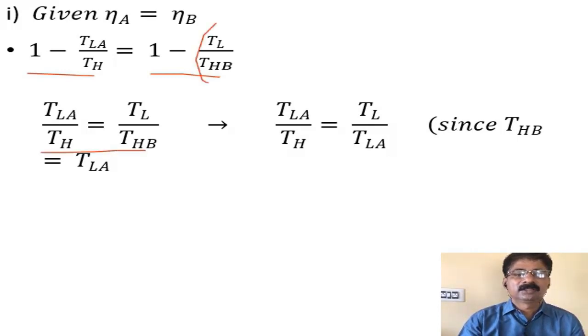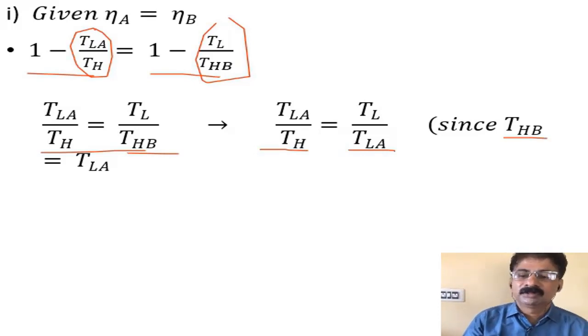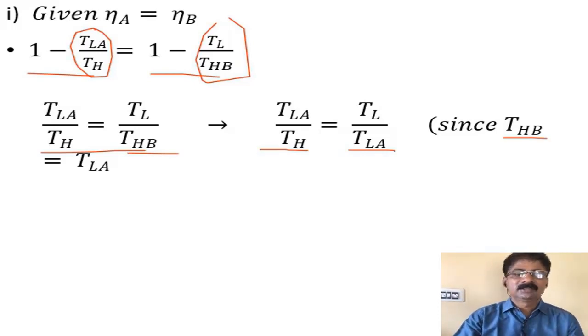So this quantity and this quantity directly you can equate. In place of THB it is written TLA, because THB, that means the temperature at which the heat engine B receives the heat, is the same as the temperature at which heat engine A rejects the heat.